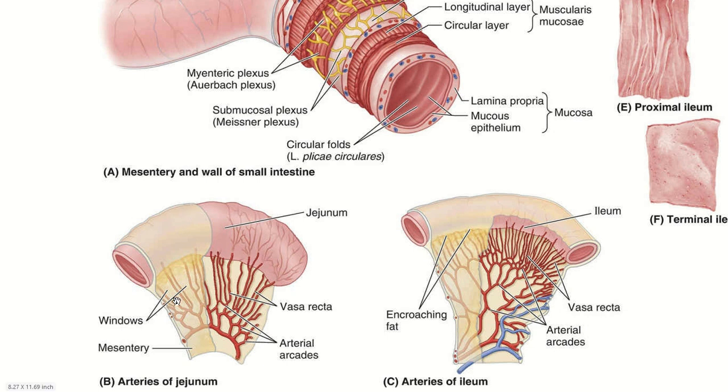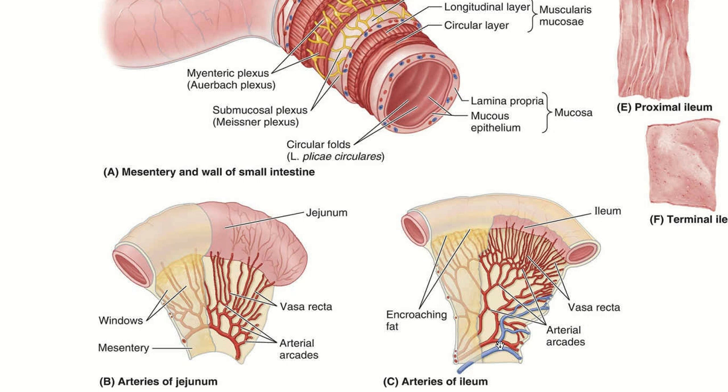Another difference is in their blood supply. We already said that the jejunum receives more blood supply than the ileum, but the structure of the blood supply is also different. In the jejunum, you have few arterial arcades with long vasa recta, right?